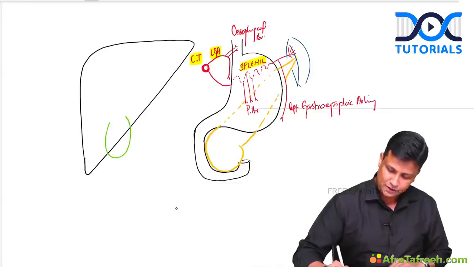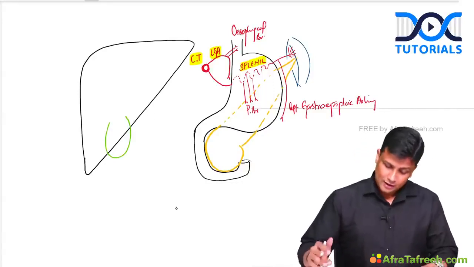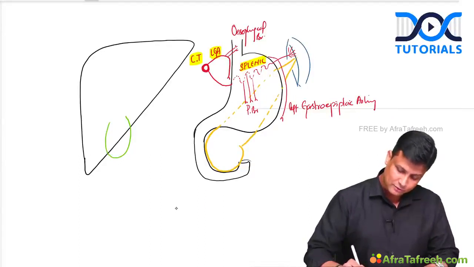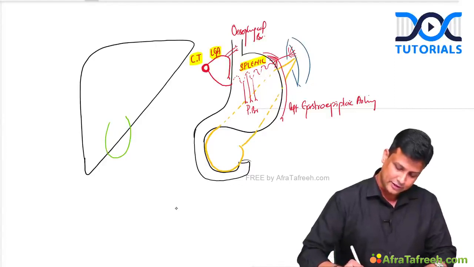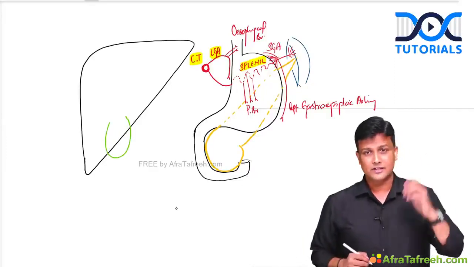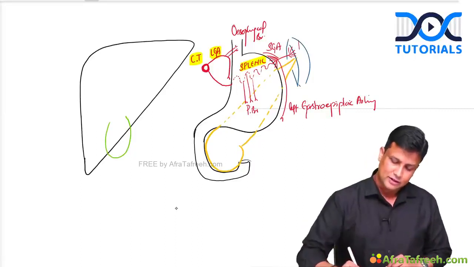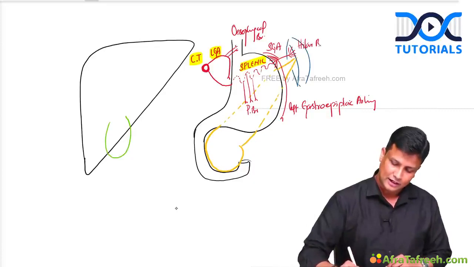Gastro means to the stomach, epiploic means to the omentum. And then it will also give small branches near the greater curvature of the stomach, that is your short gastric artery, near the fundus. And then it will also give many branches in the hilum of the spleen, and these are known as the hilar branches.